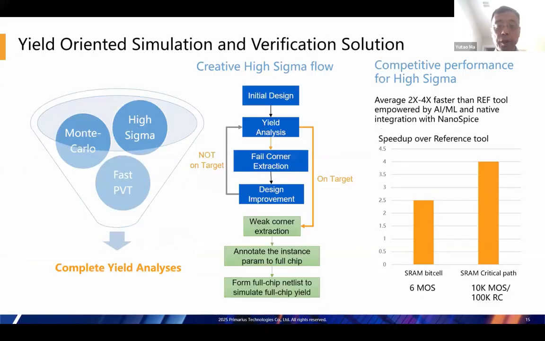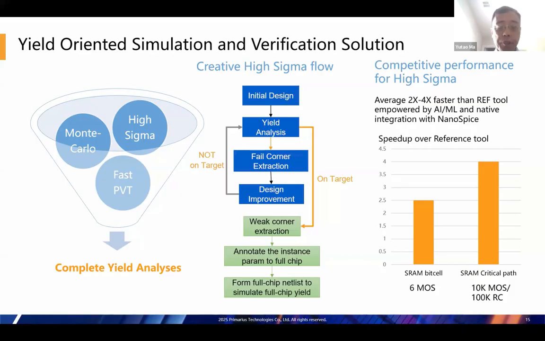So first, let's talk about the yield. When people talk about yield, they always think about Monte Carlo simulation for 3 sigma yield analysis. But actually, for different applications, there could be quite different technologies used for yield analysis.